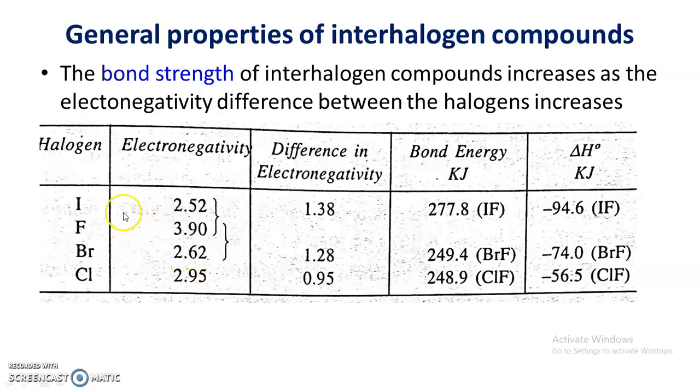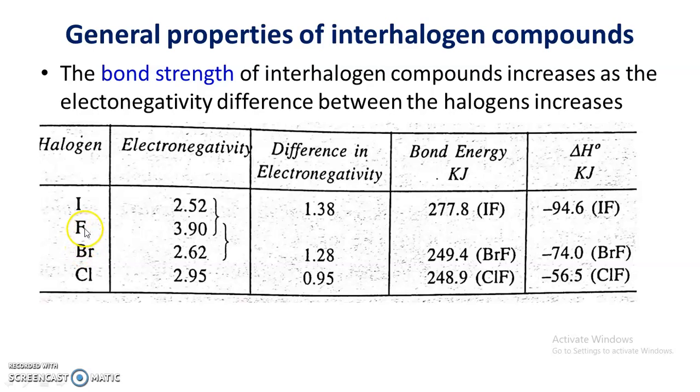So when an interhalogen compound is formed between iodine and fluorine, the electronegativity difference between iodine and fluorine is 1.38 and its bond energy is 277.8 kilojoule per mole, and the enthalpy of formation for this iodine monofluoride is minus 94.6 kilojoule.